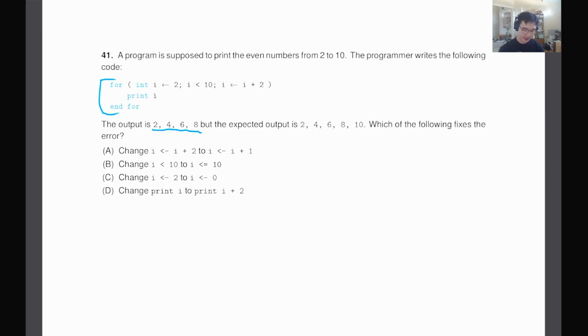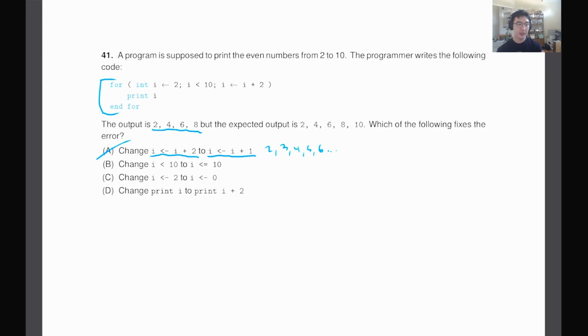Looking at answer choice A, would changing the increment from adding 2 to adding 1 make it print 246810? Probably not. It'd probably print 2, 3, 4, 5, 6, dot, dot, dot. It wouldn't print 246810 because it just increments by 1 each time. So it's not answer choice A. Answer choice B: currently the condition is i is less than 10.